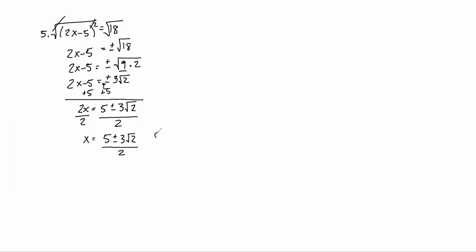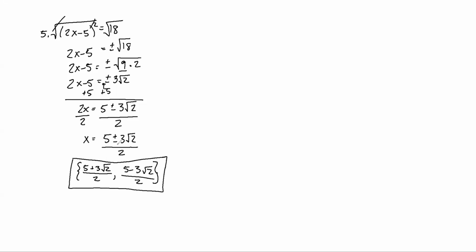And so if you write it like this, our solution set, let me write this down below. Our solution set is 5 plus 3 square root of 2 over 2 and 5 minus 3 square root of 2 over 2. This is one way to write your answer. The other way is to split this up. So by doing that, we would get 5 over 2 plus or minus 3 root 2 over 2.